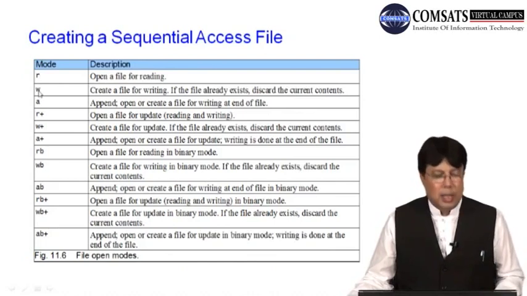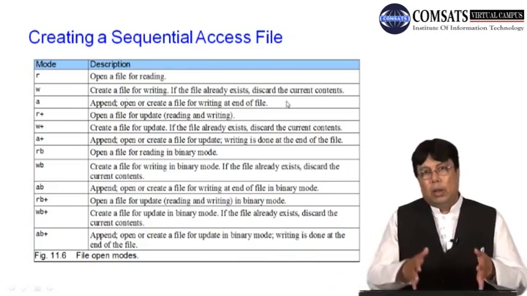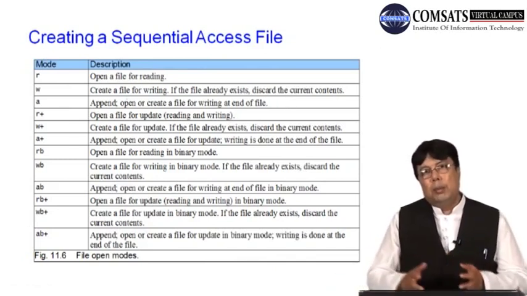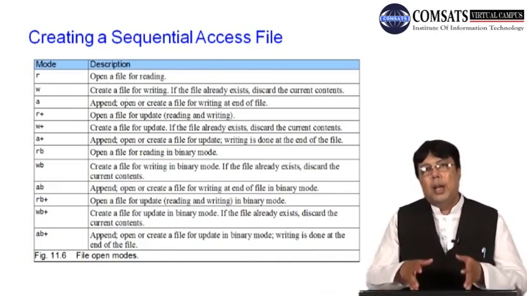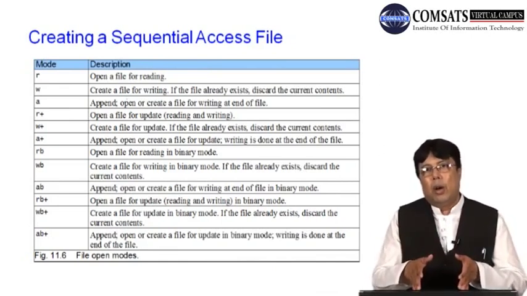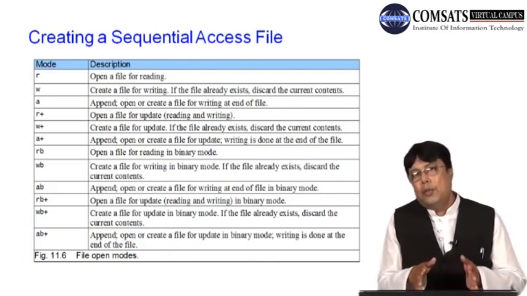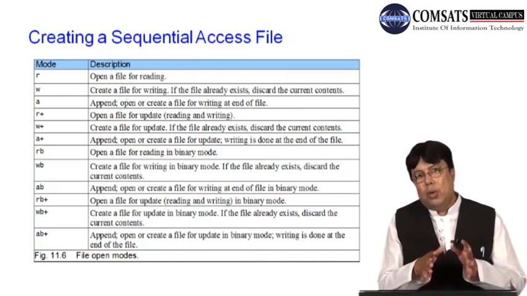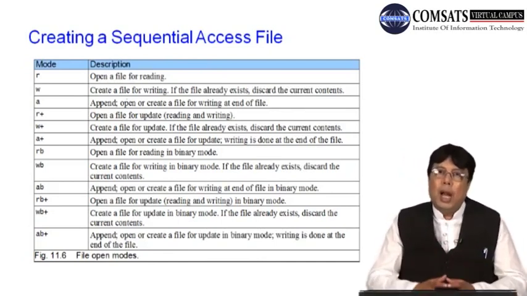W means you can create a file for writing, and if the file already exists, then discard the current contents. What does it mean? If the file already exists and you have opened it again for writing, the contents that were already entered into the file will be lost. So you have to be very careful whether you are going to update the file or open the file to write.